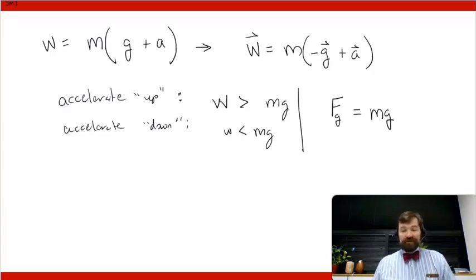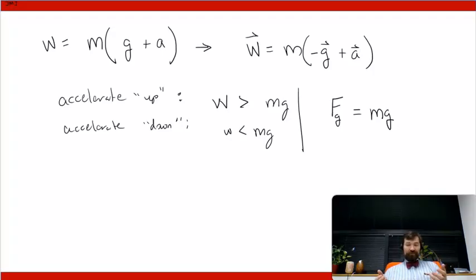Now, a couple things about mass and weight that should be apparent here. If I am in an elevator and I am accelerating upward, has the number of atoms that makes up me changed appreciably? No, not really. There's still the same number of atoms in me as when I'm standing still.